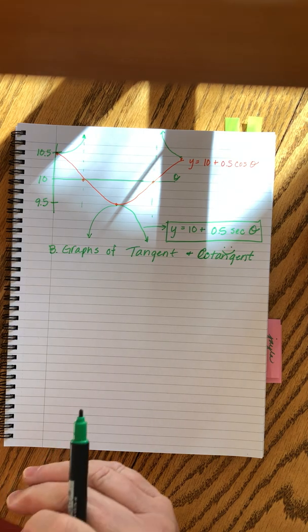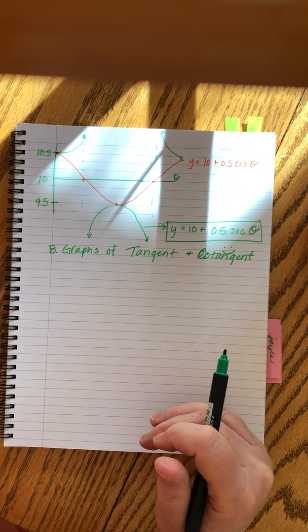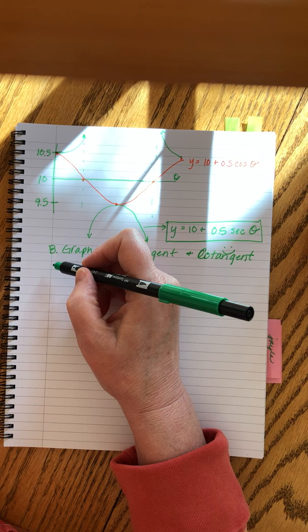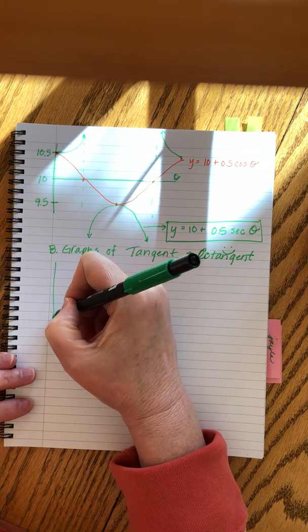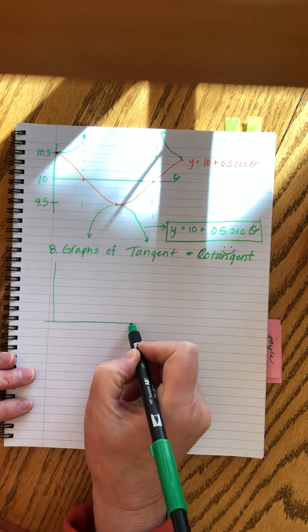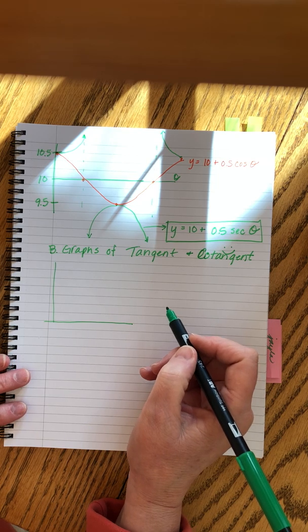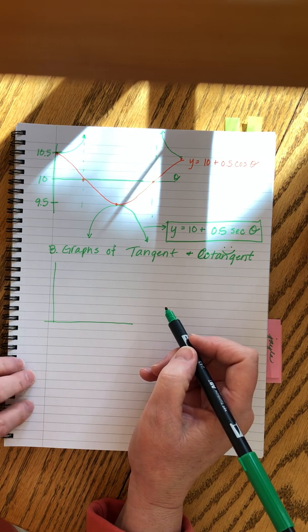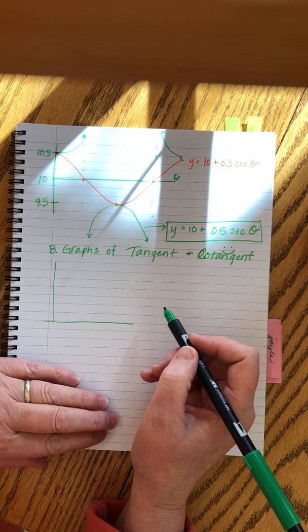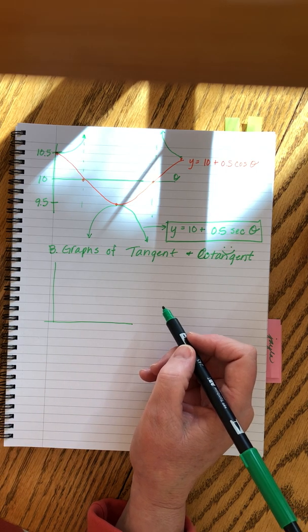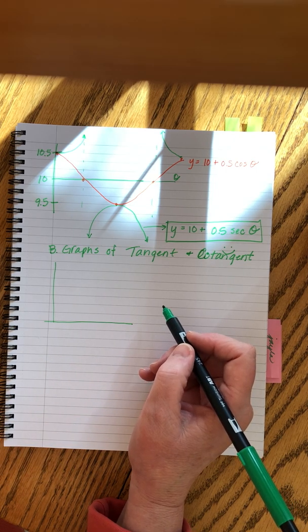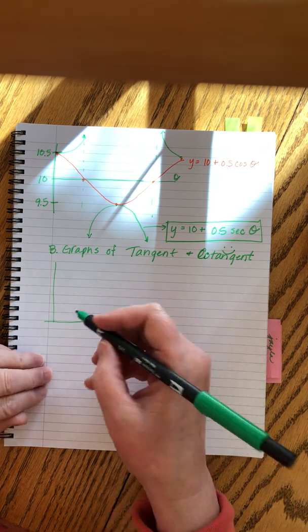Let's look at the first quadrant first. Grab your unit circle if you've got it handy. And let's look at what our values are.